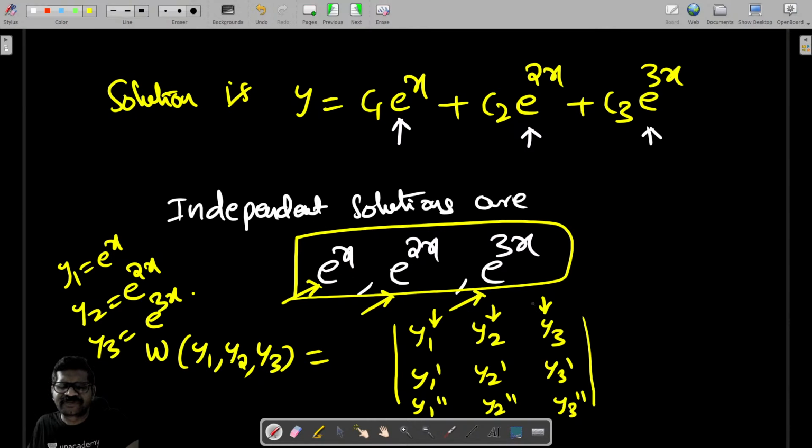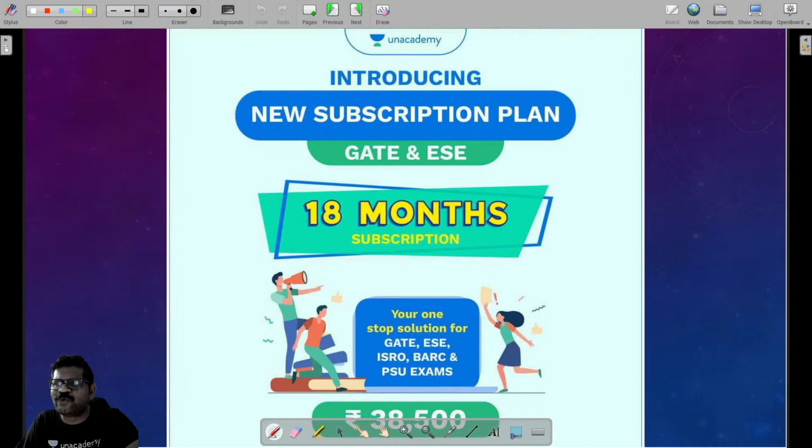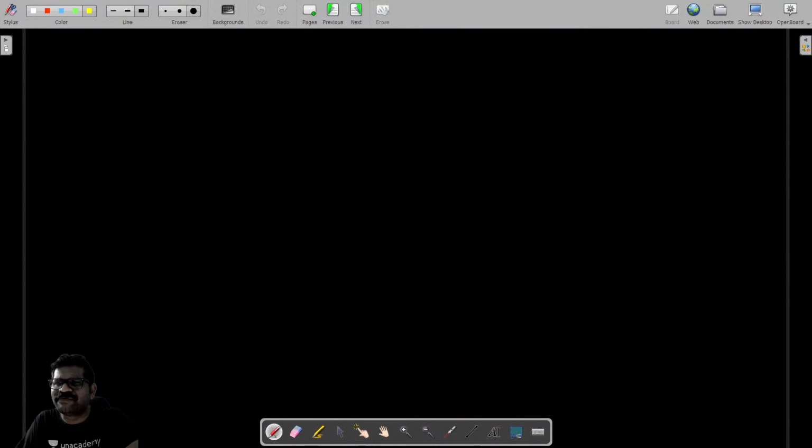Sagar. If you have 2 independent solutions, then the Wronskian uses one independent solution, you can say u, and another, you can say v. Suppose you have c1 cos x plus c2 sin x. You can say cos x is y1, sin x is y2.